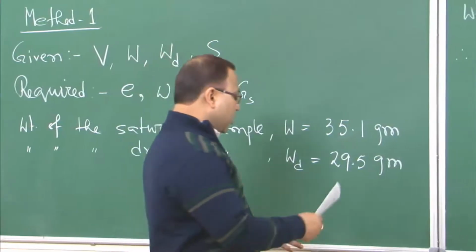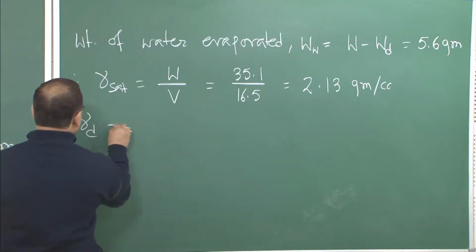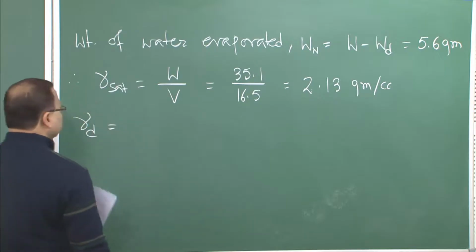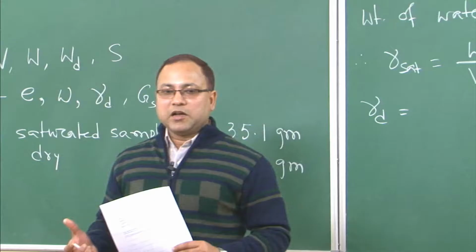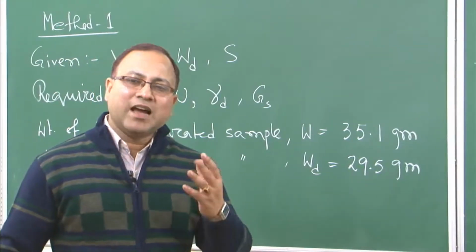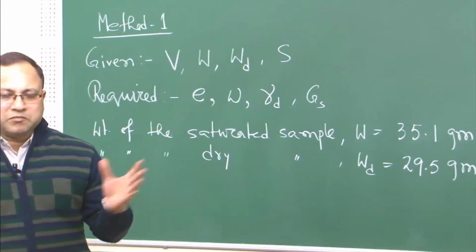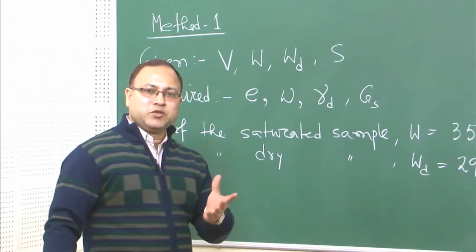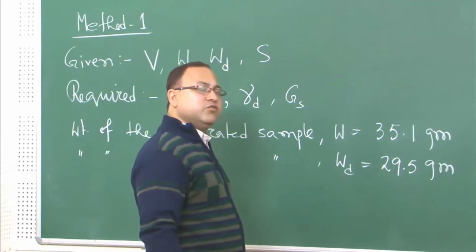Once you have got gamma sat, then you can calculate gamma D. Now, what will be the expression for gamma D? Gamma D is nothing but the dry unit weight of the soil or the dry density of the soil. Unit weight and density differ basically with respect to g, small g, the acceleration due to gravity.